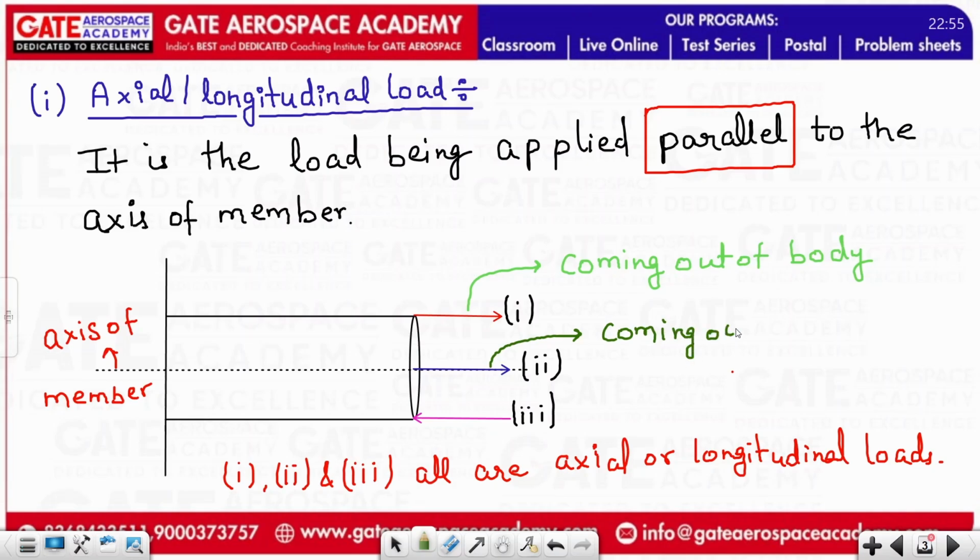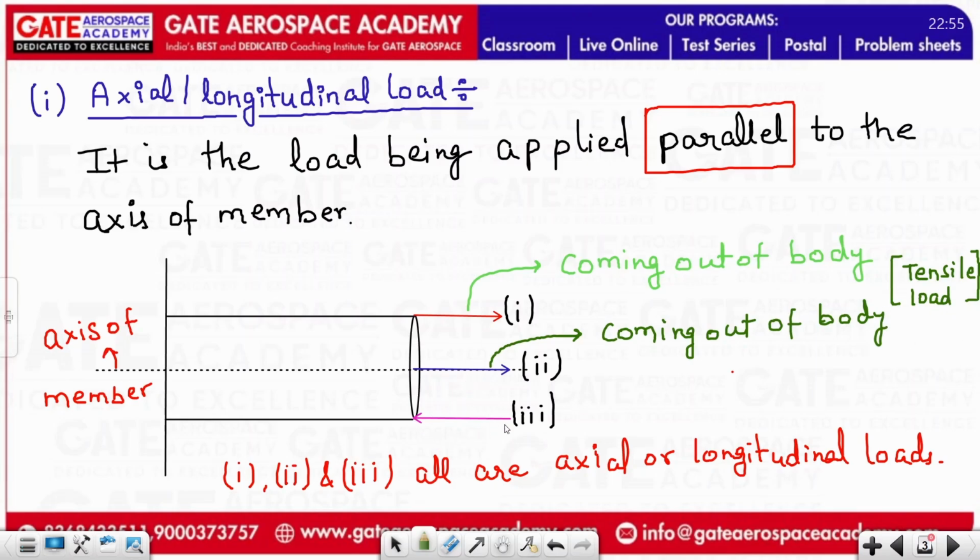It is pointing outwards of the body. Now, these two particular loads are commonly known as your tensile load, or they are known as tension. So whenever the load is coming out of the body or the load is pointing out of the body, it will be termed as your tensile load.